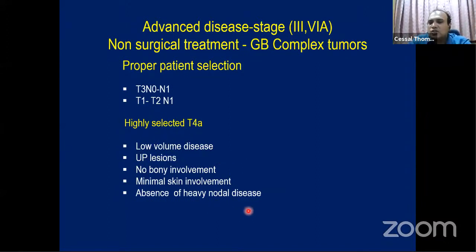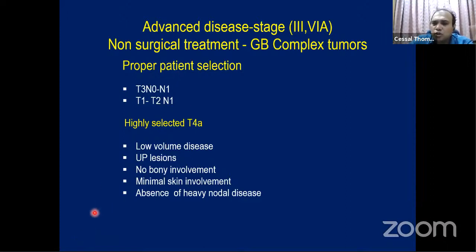In this group of patients, you may consider radical chemoradiation, but you have to be very judicious in the selection criteria. Otherwise, you will burn your fingers, there will be residual disease, salvage may not be possible, and the patient will end up in palliation. So selection should be very good when you consider a gingivobuccal complex tumor.